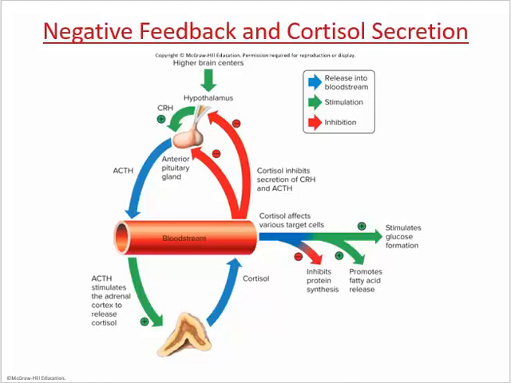So you're stressed, which causes the hypothalamus to release corticotropin-releasing hormone, which causes adrenocorticotropic hormone to stimulate the adrenal gland to make cortisol, which then inhibits protein synthesis, fatty acid release, glucose formation, gluconeogenesis, and then the cortisol inhibits the releasing hormone and adrenocorticotropic hormone itself, so it's a negative feedback.